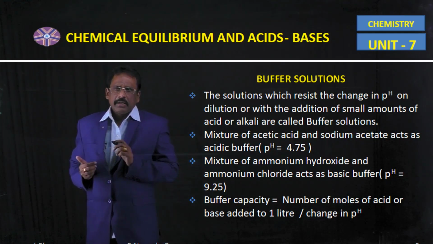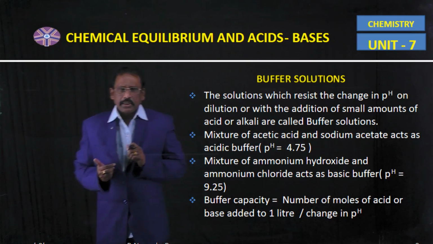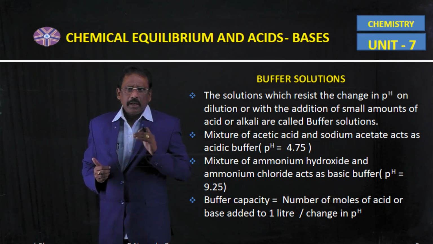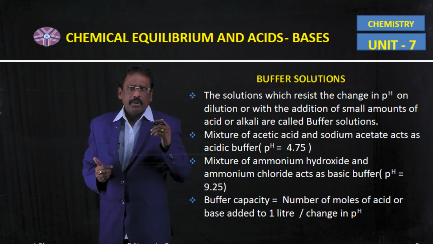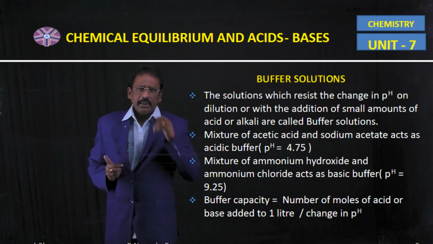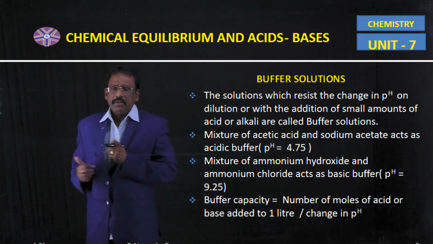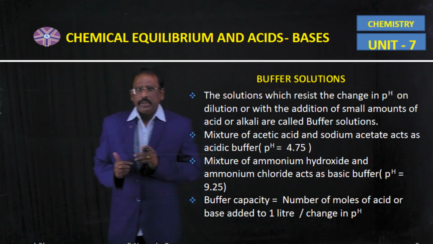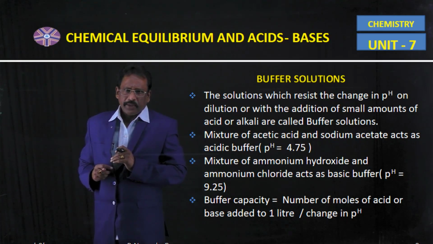On dilution or by adding small amount of an acid or base, if there is no change in the pH of the solution, that solution is said to be a buffer solution.